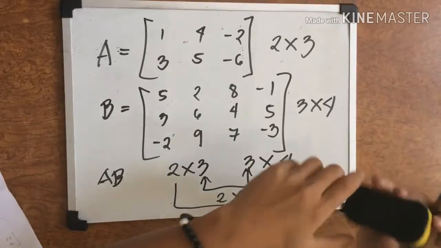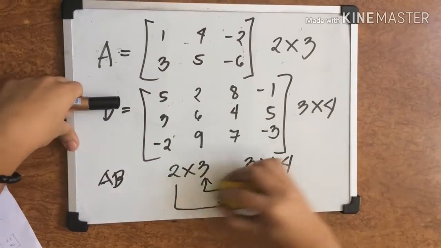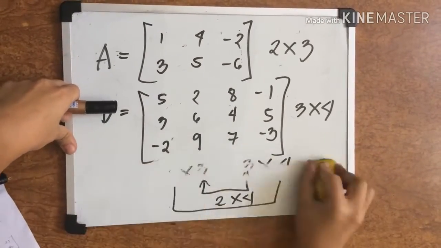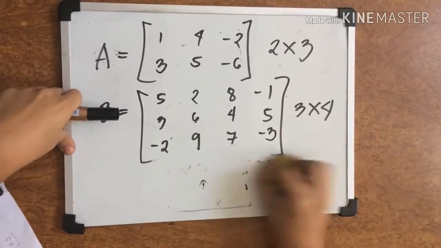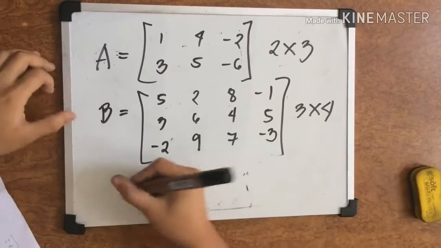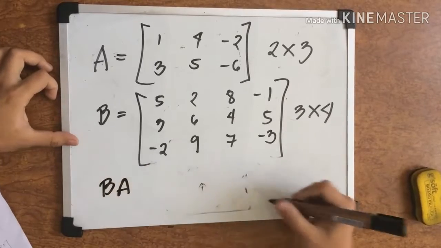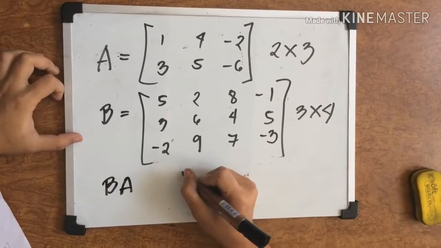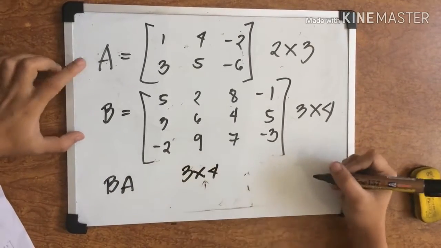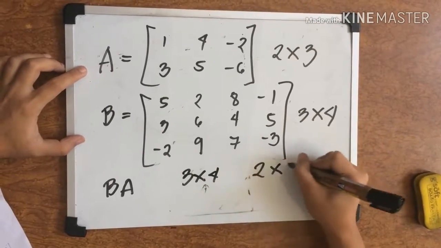So let us now find out if B and A are possible to be multiplied with each other. So B times A is 3 by 4 and 2 by 3.